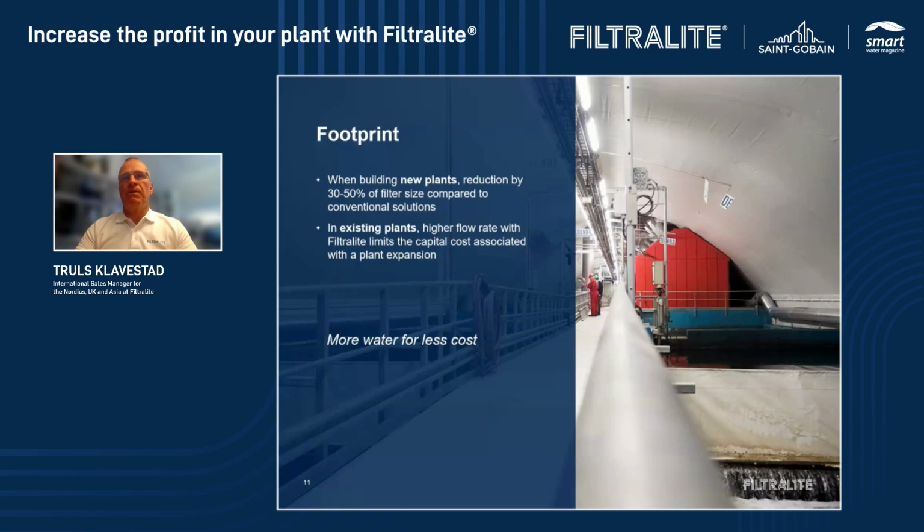Because we know with Filtralite, it's a study done by Suez that says that you can reduce the number of filters by 30 to 50%. So instead of having 10, you can go down to maybe 5, but to be a little bit conservative, maybe 6, 7. But still, it's a dramatic reduction in the footprint.